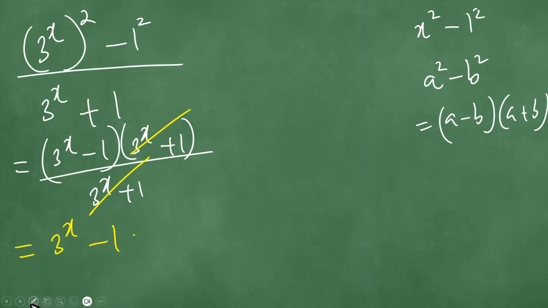Okay, let's look at some exercises here. We continue with simplification. Simplify is the instruction.